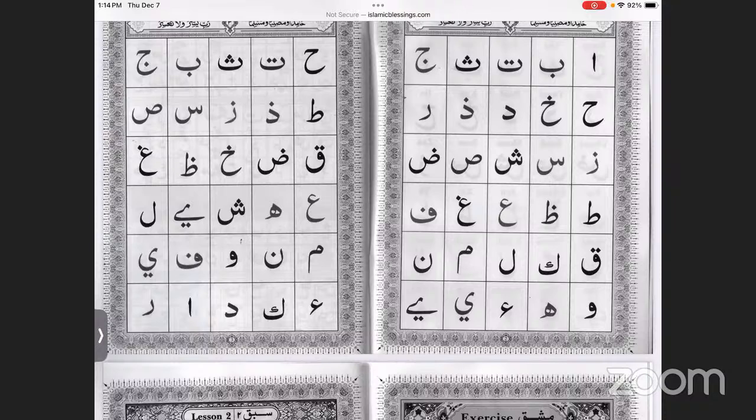After that, there is a sin, shin. Open your mouth and read clearly. Okay. The sound should be clear. Read. Sin, sheen. Yes, like that. Very good.